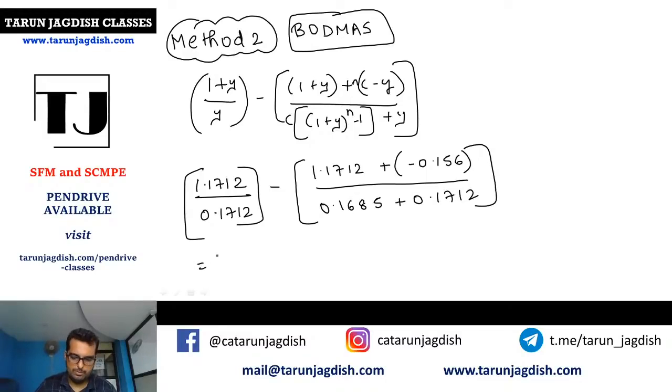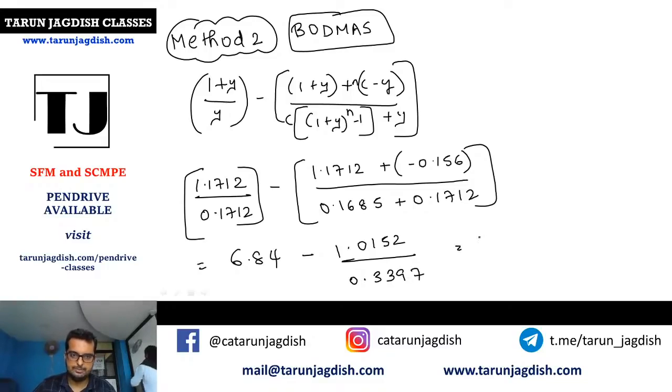That would be 1.1712 divided by 0.1712, that is 6.84, minus 1.1712 minus 0.156 will be 1.0152, divided by 0.1685 plus 0.1712 will be 0.3397.